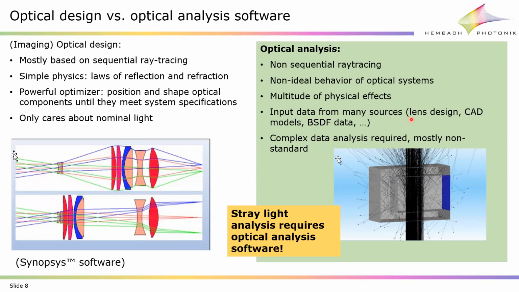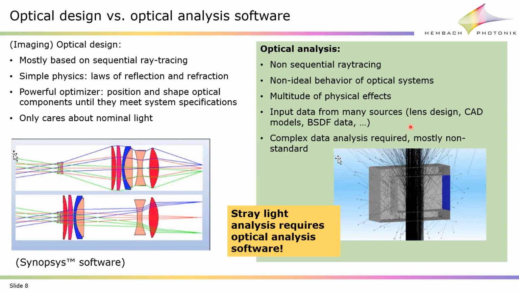For instance, the lens, this is from the lens design software. You have to import CAD models. You need CAD because now, obviously, the mechanical parts of your optics can also interact with light. Scattering data from databases and many other different data.